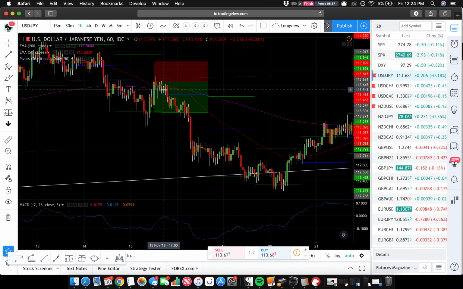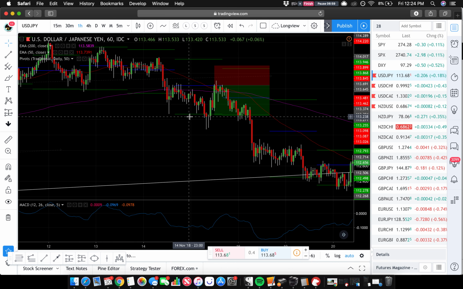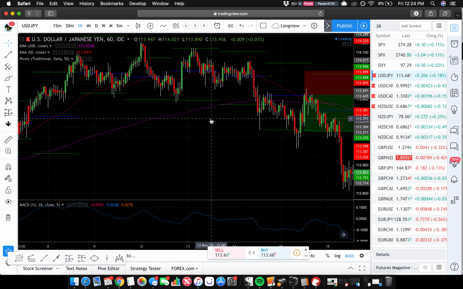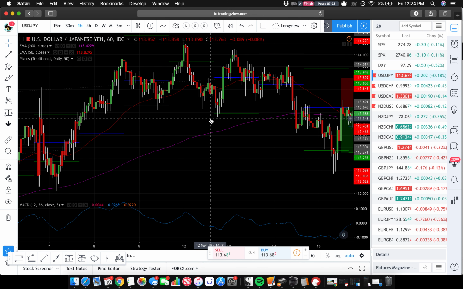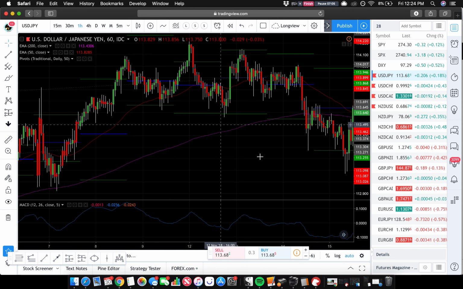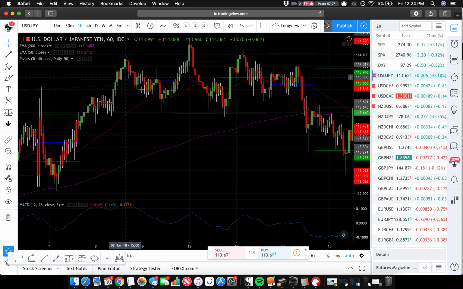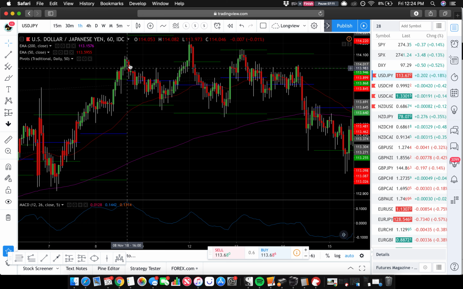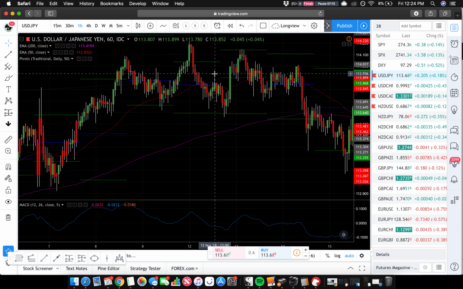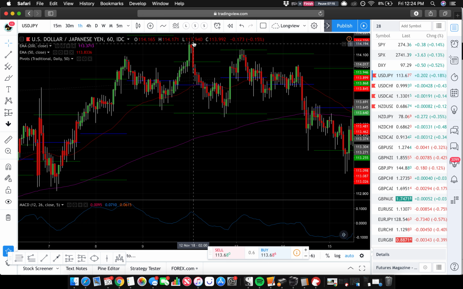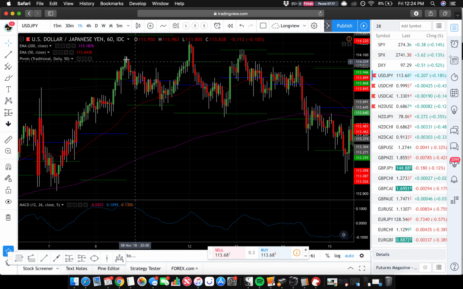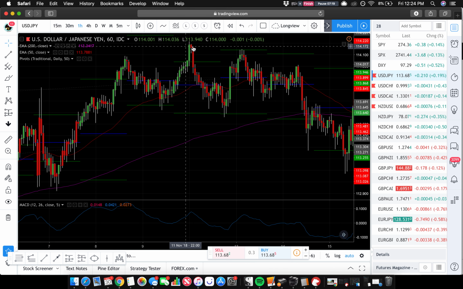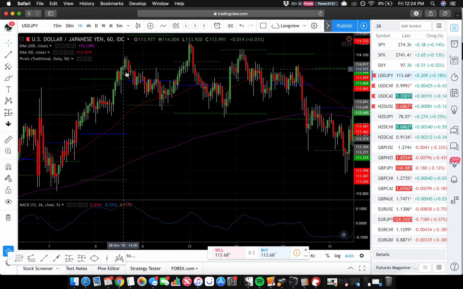This is a really good example, actually. I really like this. So I'm going to move it over like this so you can't see the rest of the price movement right now. So when I see this, I see price action making a top. We see a loose head and shoulders pattern, which means this is the head where it's higher, and this is a shoulder.